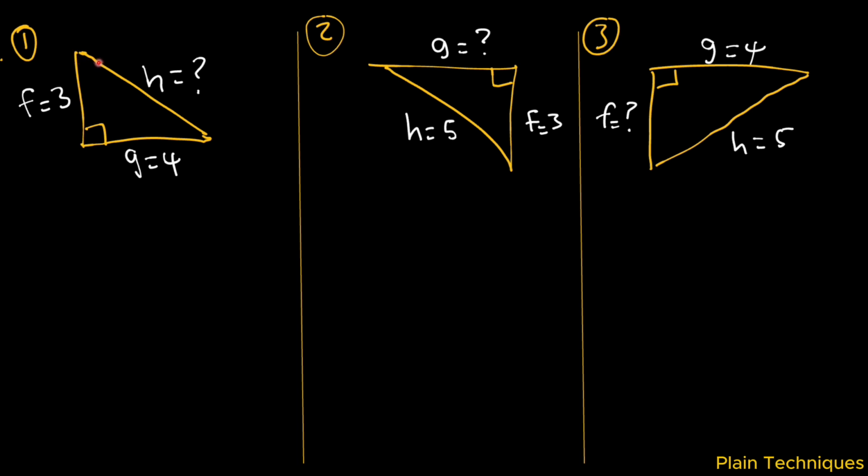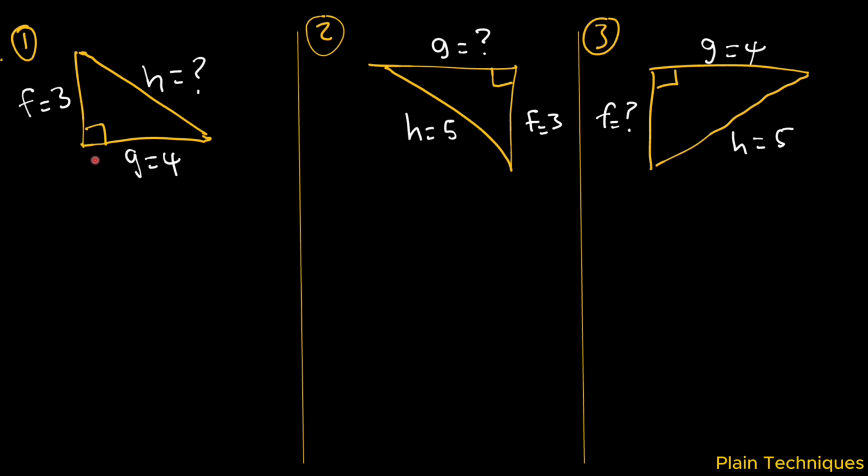The first thing that you need to ask yourself is, is this a right-angled triangle? Yes, this is a right-angled triangle, because one of the angles is equal to 90 degrees. Great. The second part means that you can apply Pythagoras because you have a right-angled triangle. Now, if you have a right-angled triangle and you need to calculate one of the sides, you need to put down the Pythagoras theorem equation.